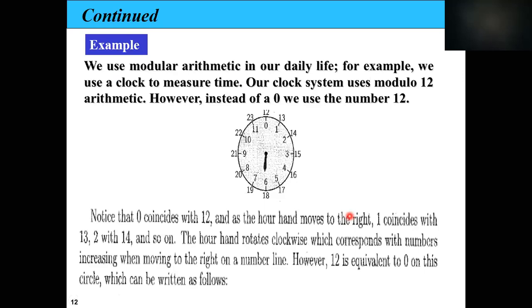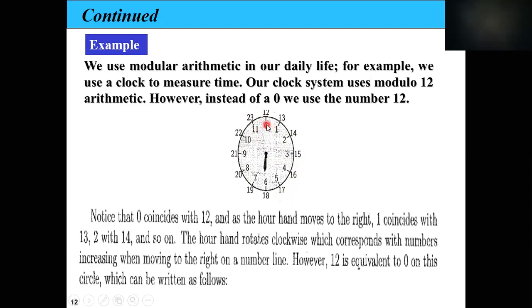Dear student, if you look over here, as I told you, in our daily routine life the clock is basically based on the modulo 12 operation. Here you can see the 0 means 12, and 1 means all those elements starting from 0 to 11, then 12 means 0. If you place 0 to 11, it means the same thing.